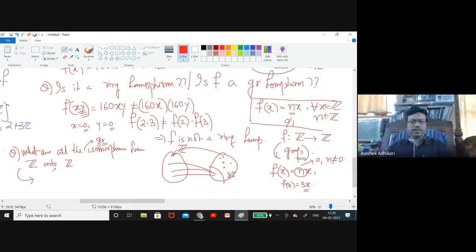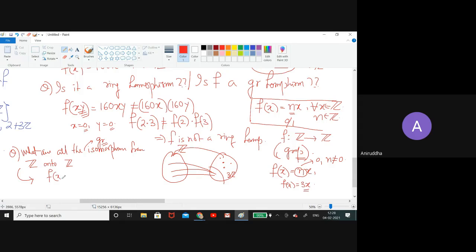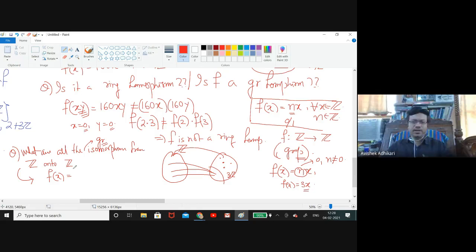So now you understand what my question was, right? It has to be either f(x) equal to x or f(x) equal to -x for all x belonging to Z. If you take any of them, then you will find this.